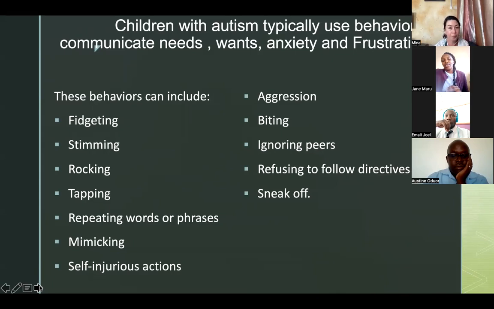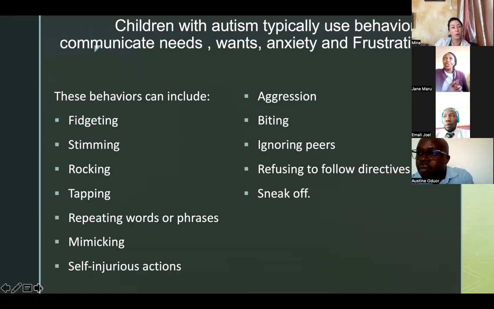Another way of knowing that a child has autism is self-injurious action. These children, in a frustrated state, are trying to find a way to calm their nerves, and you find some of them banging their head mostly.